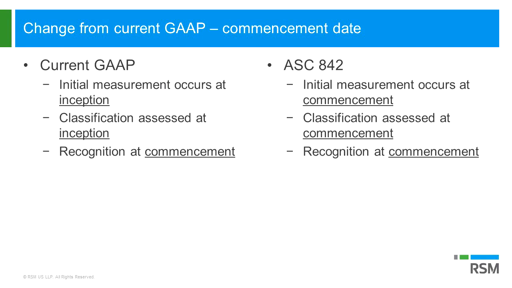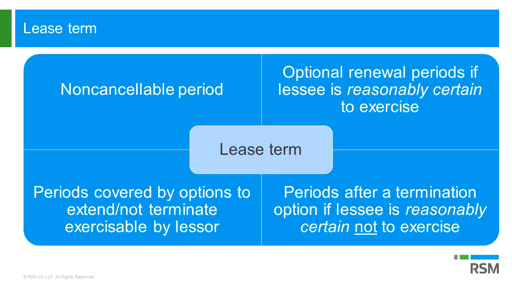What is the lease term? The next slide will show the lease term is really comprised of various component segments. You have a non-cancelable period, an option to renew if lessee is reasonably certain to exercise that option. Periods covered by options to extend, or not to terminate, which are exercisable by the lessor.